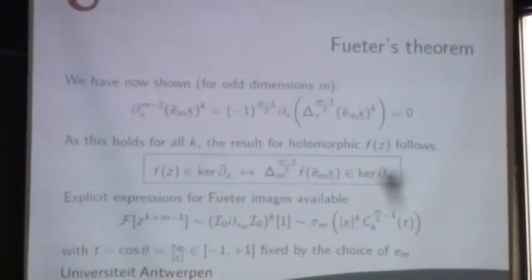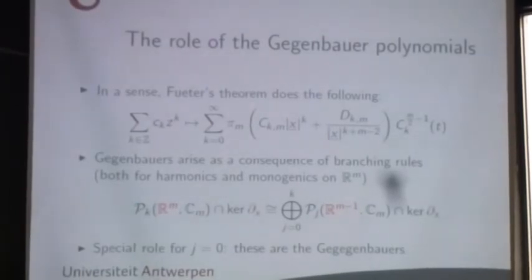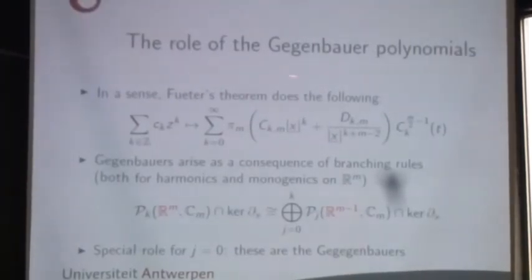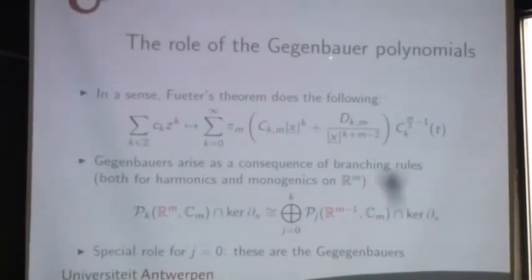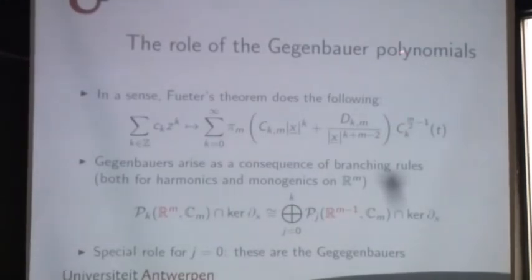Yes. So maybe let me skip the slides and show you what Fueter's theorem really does, and this is a connection with Gegenbauer polynomials. So this is a particular kind of orthogonal polynomials. You may know them from either a class in representation theory or special functions, Gegenbauer polynomials.